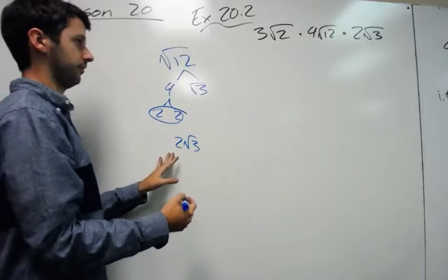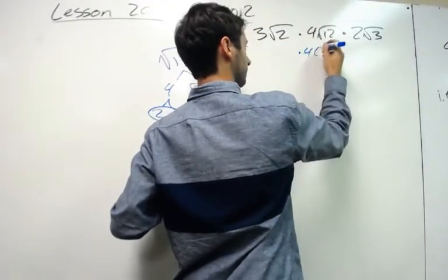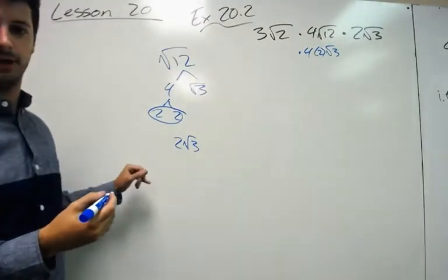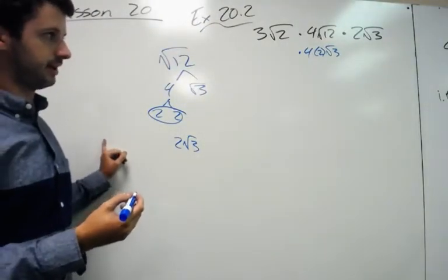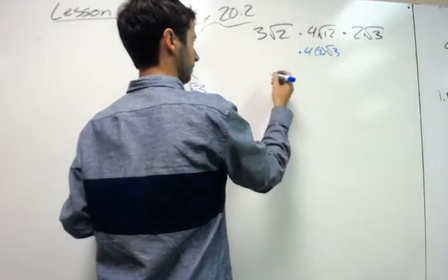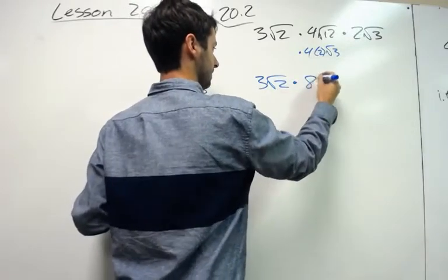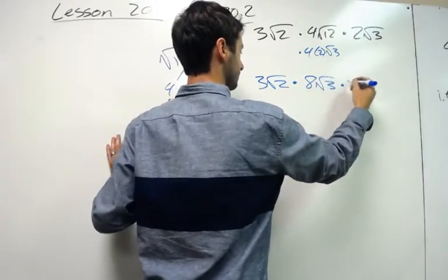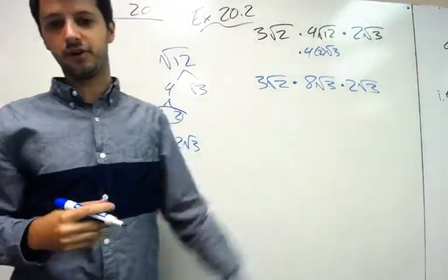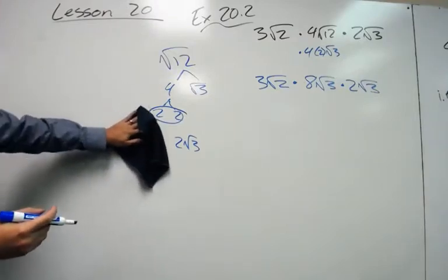So if this is now times 4, 2 radical 3, go ahead and simplify. 4 times 2 is 8. So let me rewrite all this. 3 radical 2 times 8 radical 3 times 2 radical 3. And radical 3 can't go any further than that. That is simplified already.